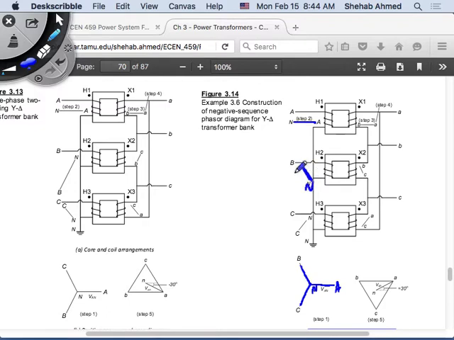So this is neutral B, and then neutral C, right? So this is what I have on the primary side. This is what I've applied. And we would like to know what is the phase angle between the phase voltage on the secondary side and the phase voltage on the primary side. Basically, what is the secondary voltage of the transformer that you're going to put in your circuit?